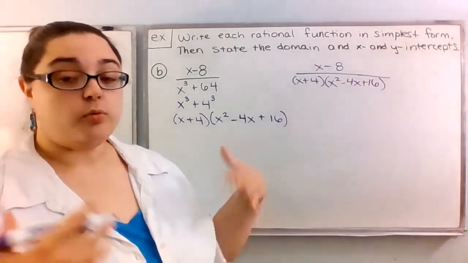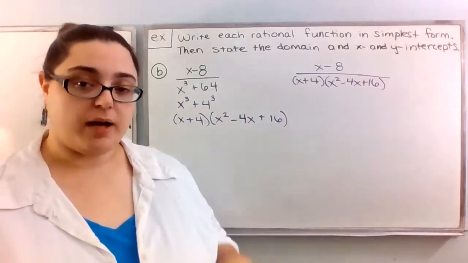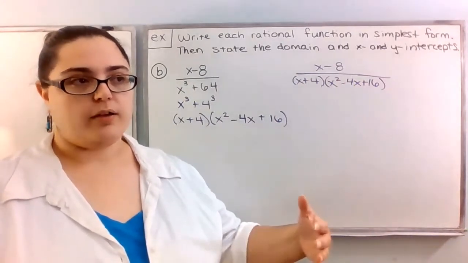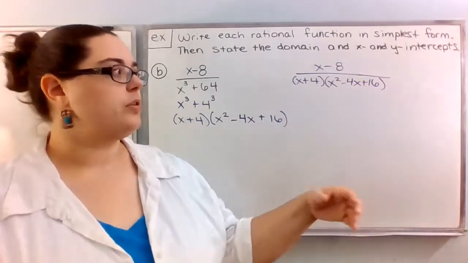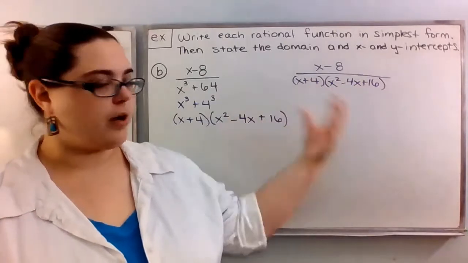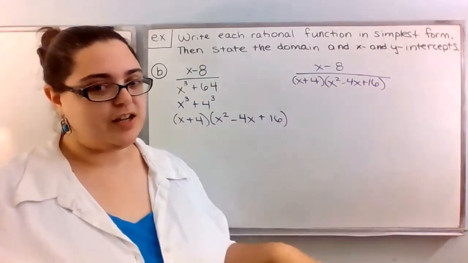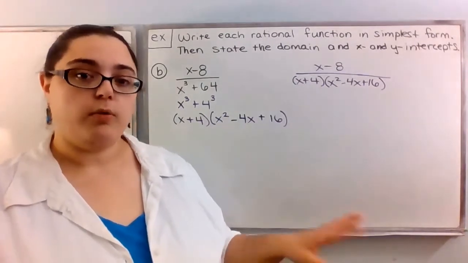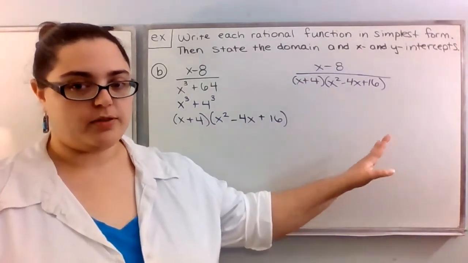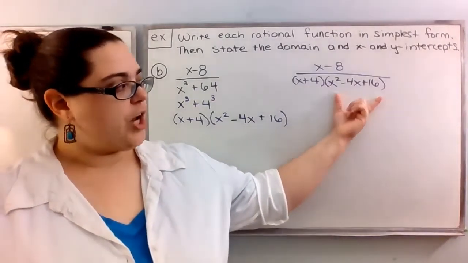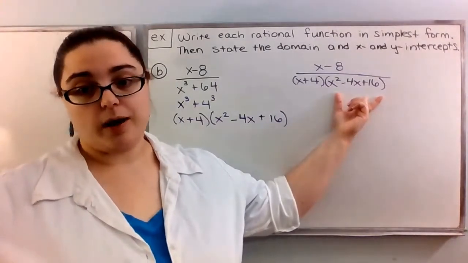Now, remember we had that theorem that says a polynomial in the real numbers can factor completely into linear and prime quadratics. So we're still working in the land of real numbers here. We're not going to delve into complex when we talk about simplifying or the domain of a rational function. So we do need to check whether or not this quadratic is prime.